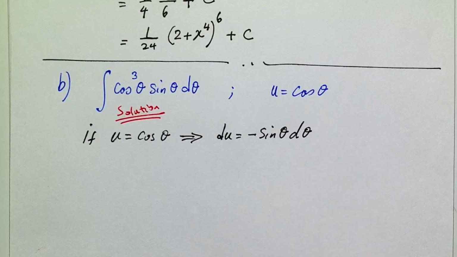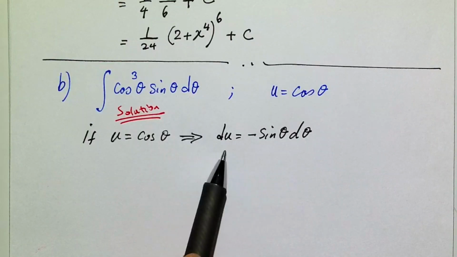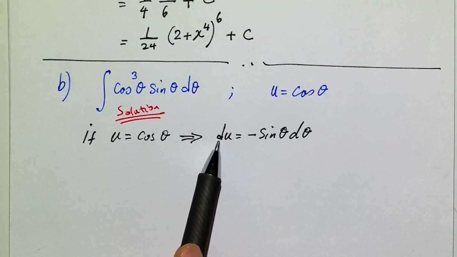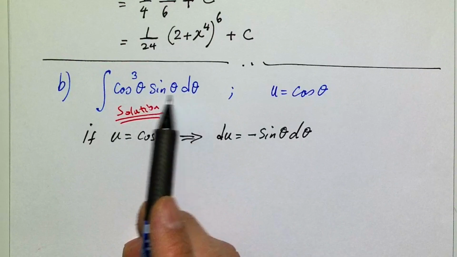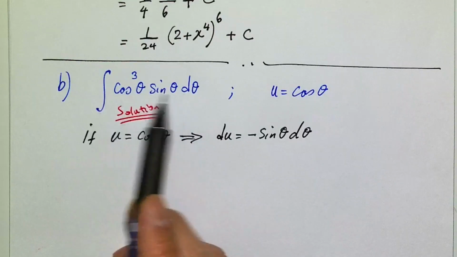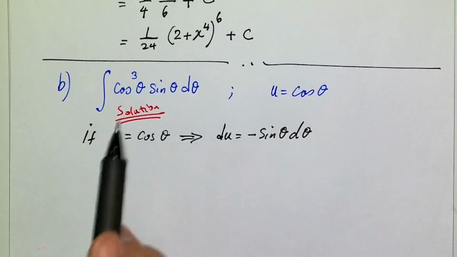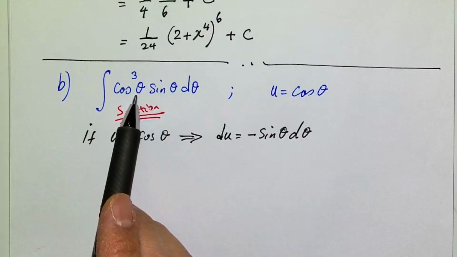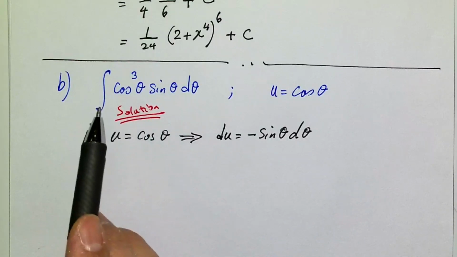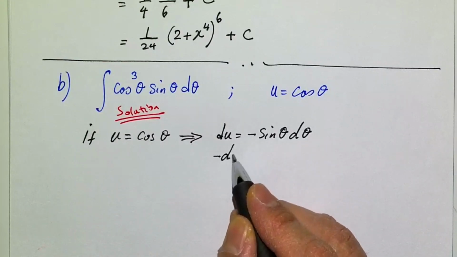Now, can you make a direct substitution for d theta using this with du? No, you can't, because here you have sine theta d theta, which is positive. There's no negative here. But du, if you put du there, you're substituting with an extra minus into this integral. So therefore, we multiply both sides by a minus.